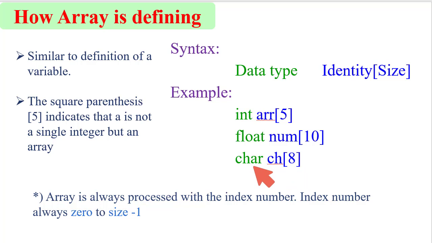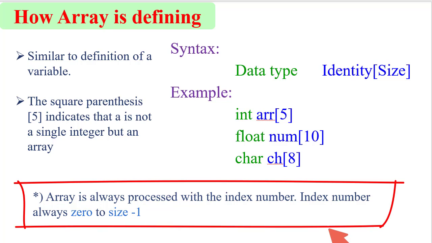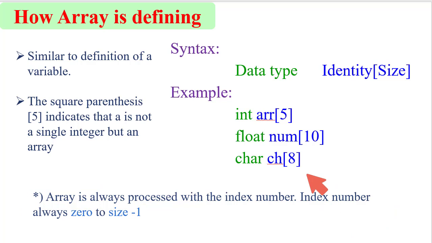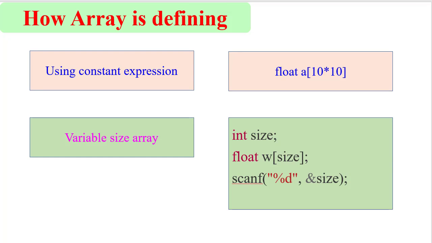An array is always processed with the index number. The index number always starts from 0 to size - 1. Which one is the size? Inside the square bracket, the digit indicates the size of the array. An array may be defined with a constant expression, say for example, float a[10*10].